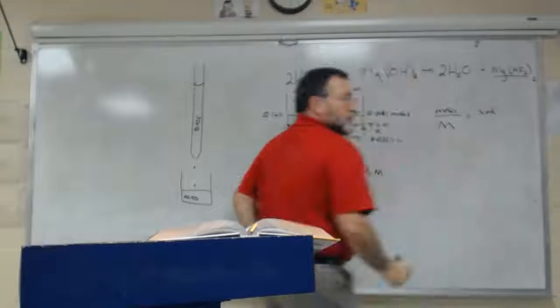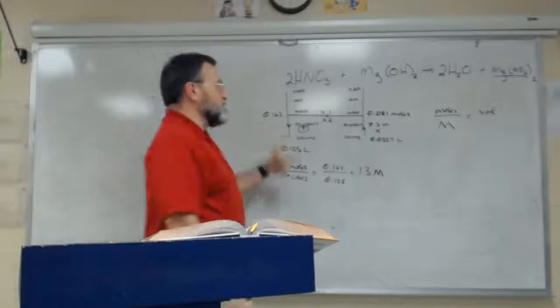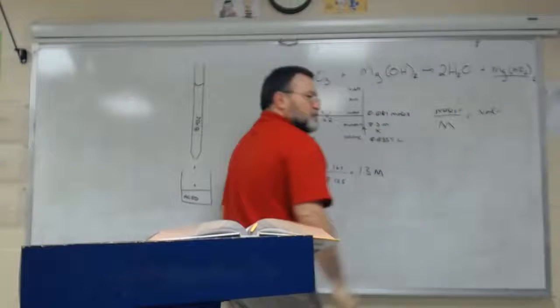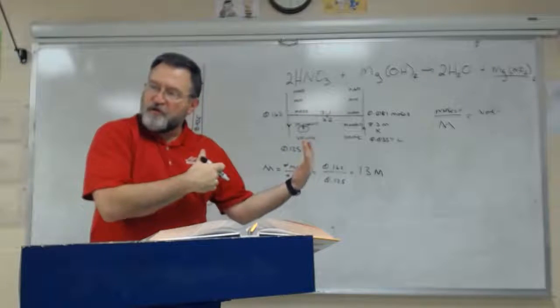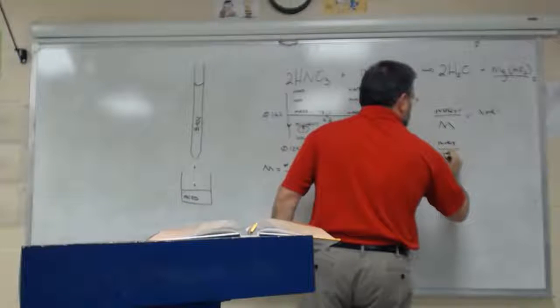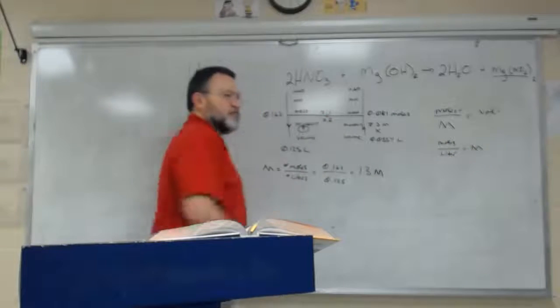Okay? That's what our pathway would have told us we needed to do. But in this case, we know moles, and we know the volume. We're trying to solve for molarity. So if I rearrange that equation to solve for molarity, it would be moles per liter, which is the definition we've been working with all along.